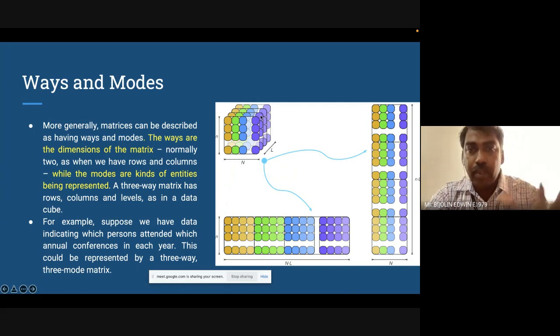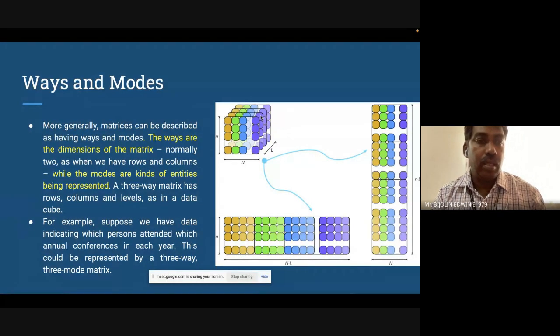Here the layers have been grouped, but in ways, every layer has been divided into a number of discrete chunks and split so that it will be transparent to every other network that may access this particular cluster. So this is the main difference between ways and modes.